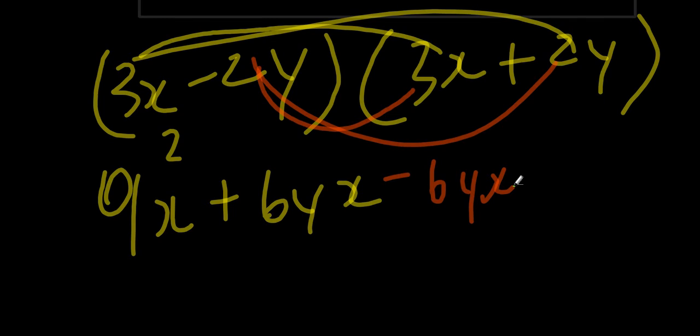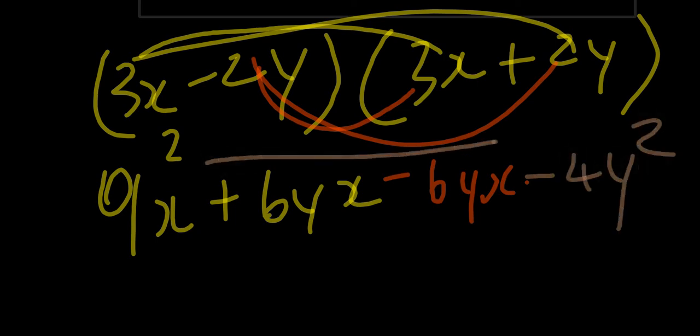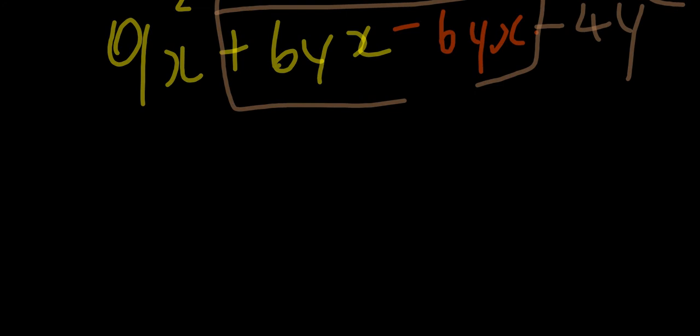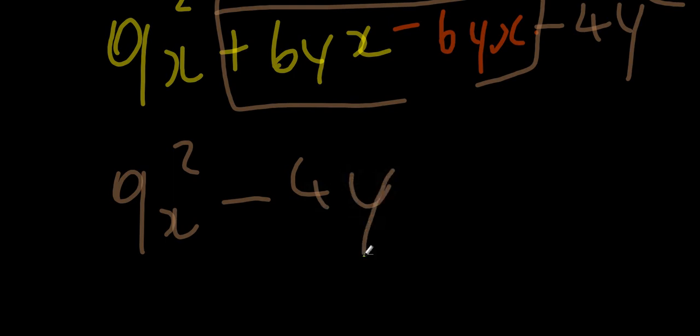Negative 2y times positive 2y gives negative 4y squared. If you look at these middle terms, they cancel out. And so we are left with the original, which is 9x squared minus 4y squared.